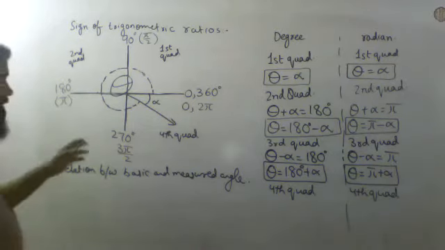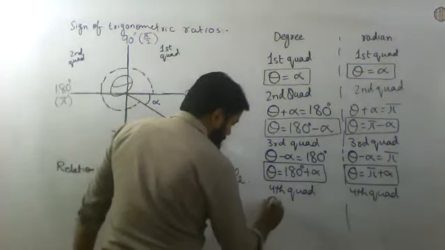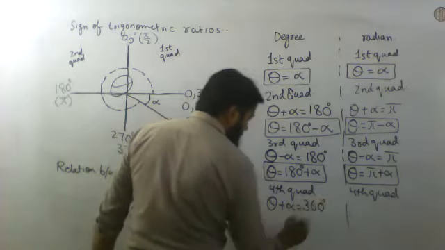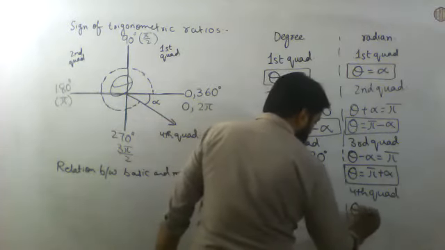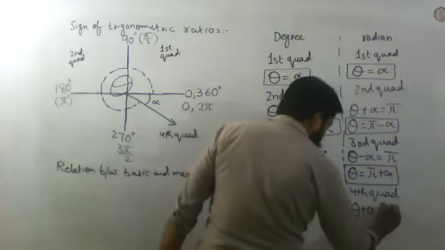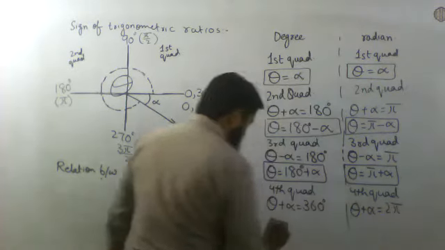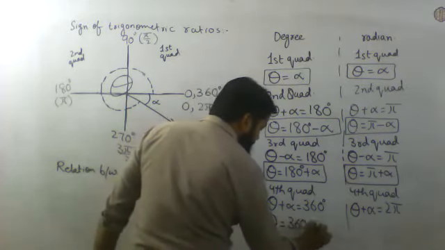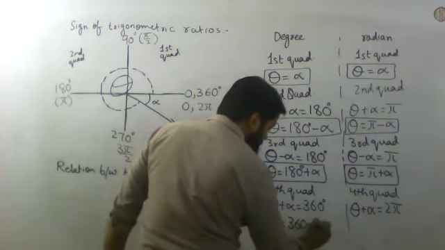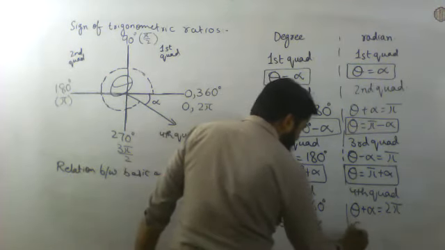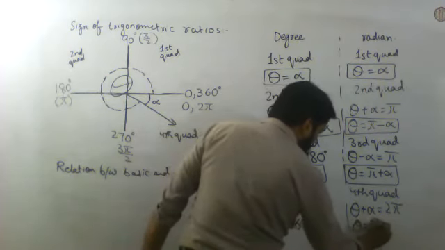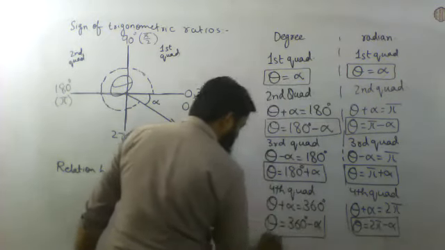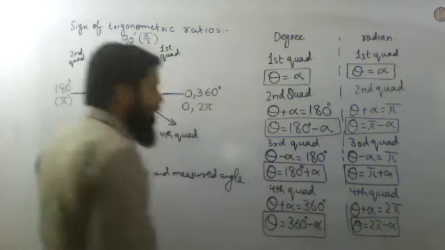Theta plus alpha is coming equals to 360 degree, or theta plus alpha is coming equals to 2 pi. So in order to form my relation, I can write theta equals 360 degree minus alpha, or I can say 2 pi minus alpha. This is the relation which you can use in the fourth quadrant.